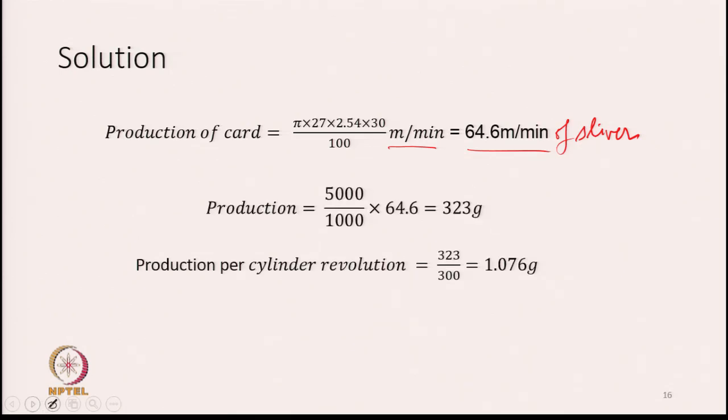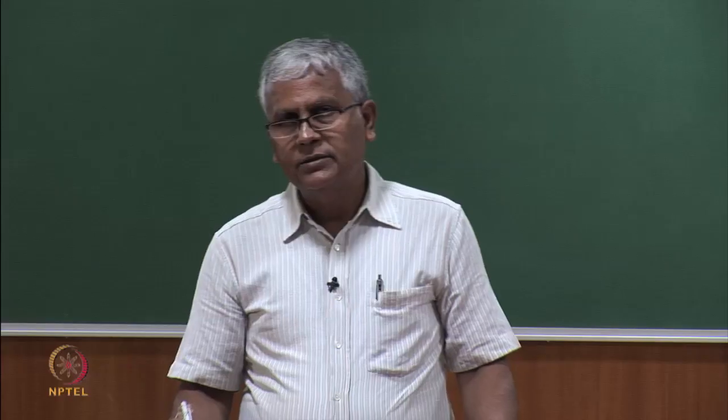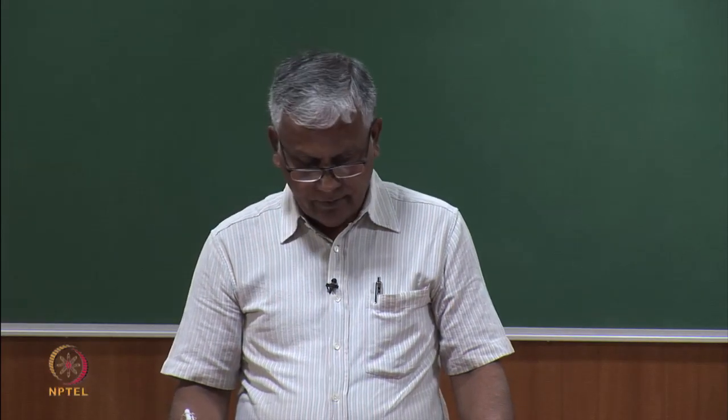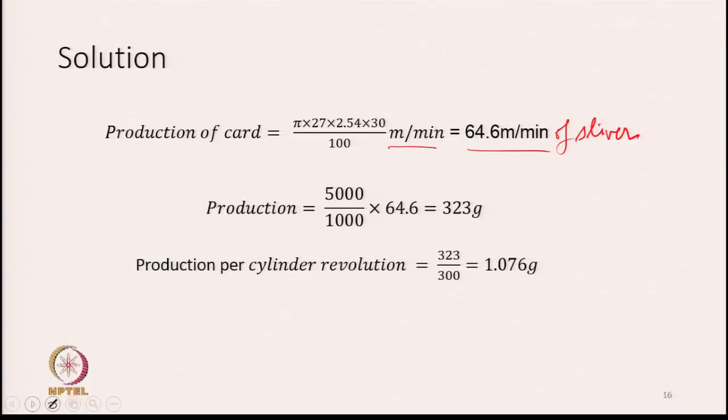Now comes what is going to be the production, that is, what is going to be the weight of this sliver that we produce per minute. 5 kilotex, that is 5000, is the linear density of the sliver. So, 5000 divided by 1000 is going to be the gram per meter weight of sliver.